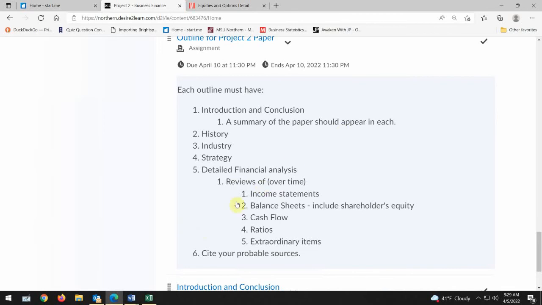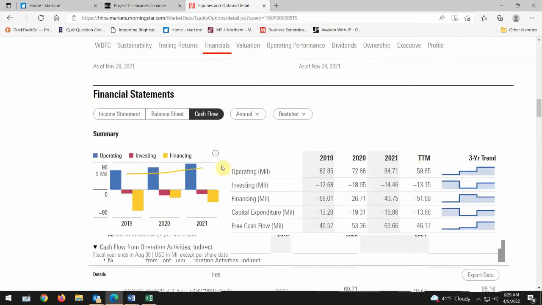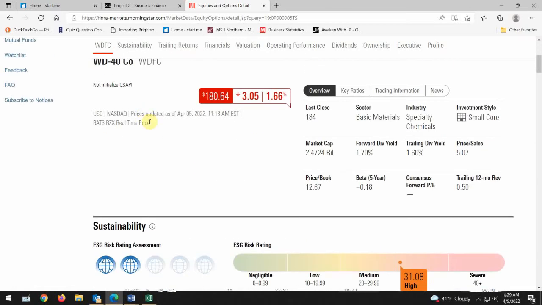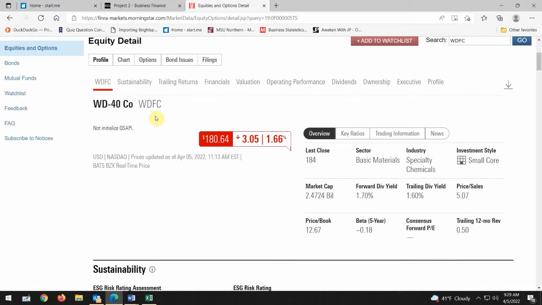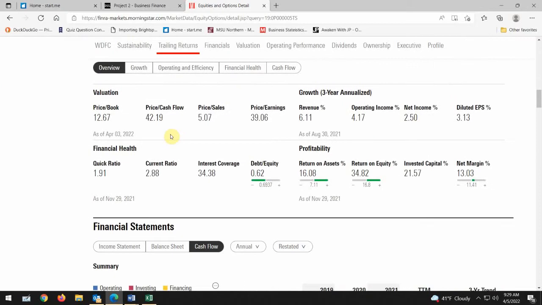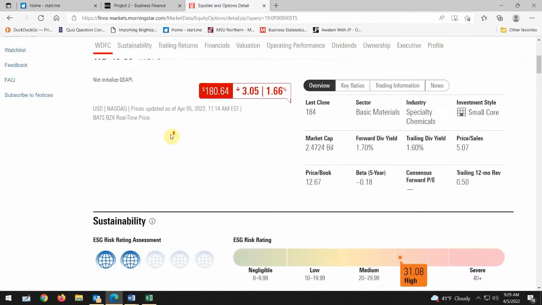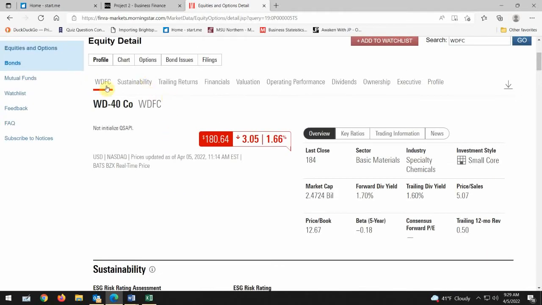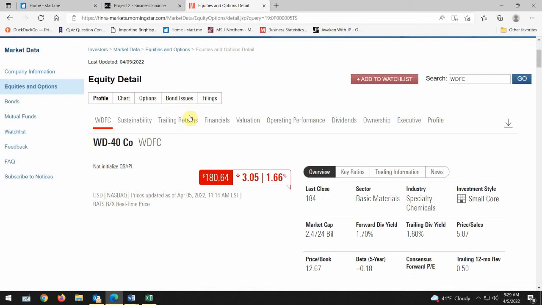Well, I went back to WD-40. I like WD-40 for this because it's a relatively small company with a pretty focused strategy. It's not doing very good today, but anyhow. So I go to FINRA and I type in WD-40, and this is the basic thing that I get.